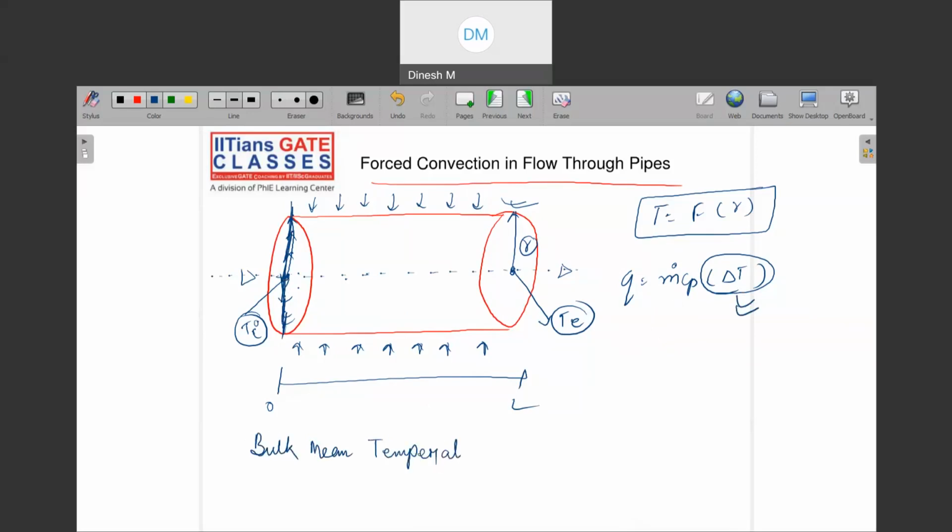So let us understand what bulk mean temperature is. Bulk mean temperature is denoted by TB. TB at any given cross section of the pipe takes into account the temperature variation in the radial direction.